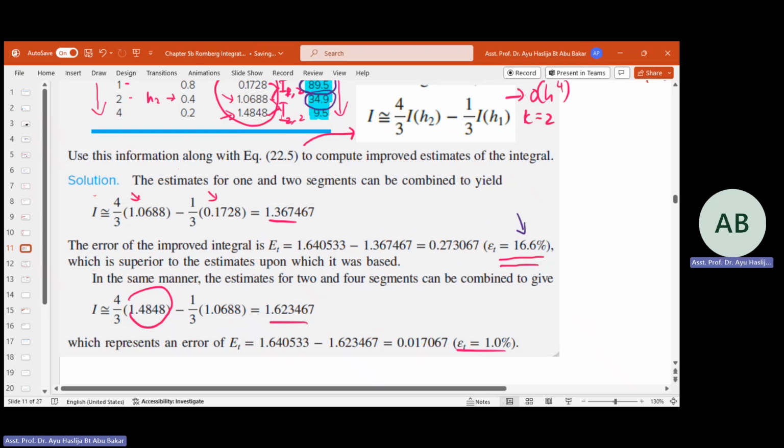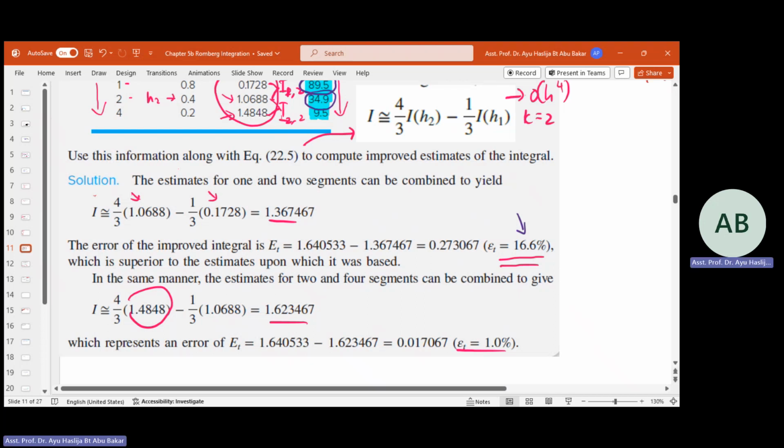If we do only the first level of integration, you will need to increase the segments vertically, like this. You need to increase the segments vertically, then only you can reduce the error.